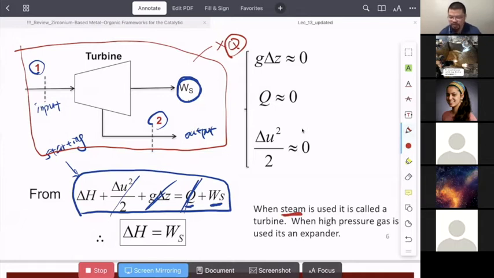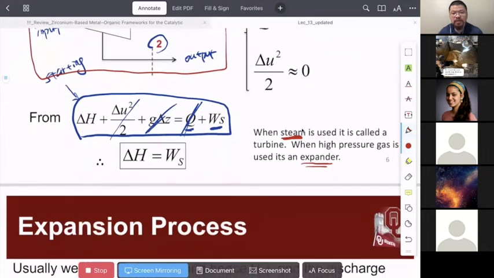And if we are using other gases at high pressure, then usually we call this the expander. Their fundamental feature should be exactly the same. It's just to distinguish which working fluid we are using. So this is the fundamental equation of the turbine. It looks very simple, straightforward, as long as we understand the adiabatic process.